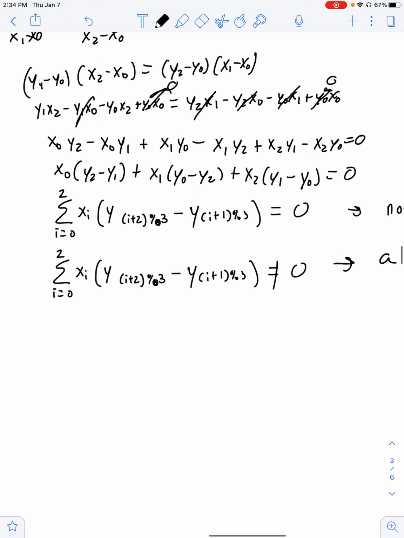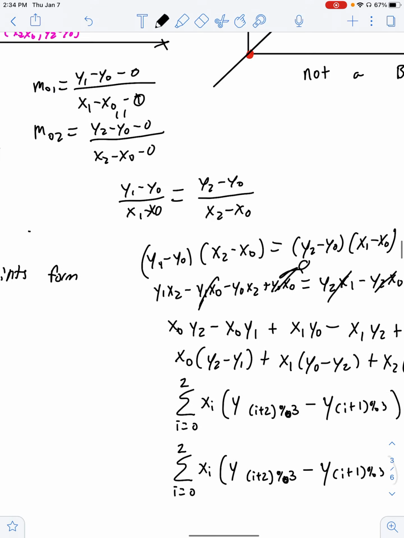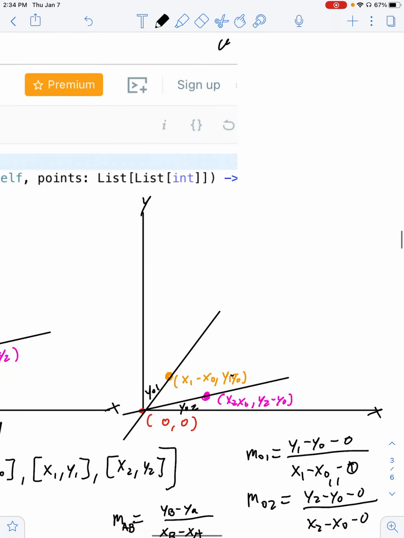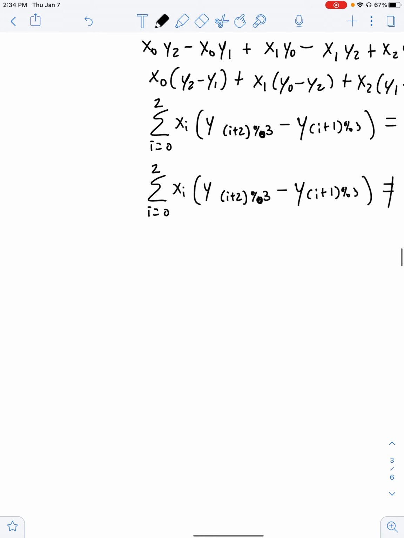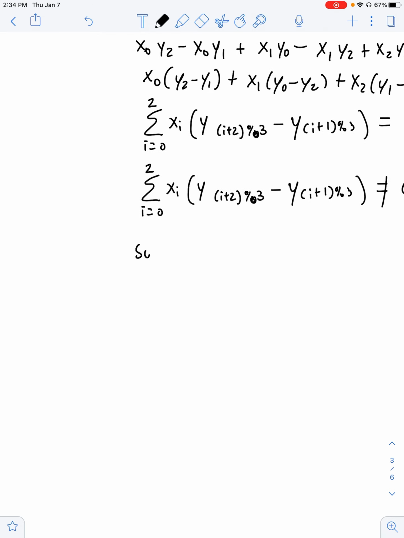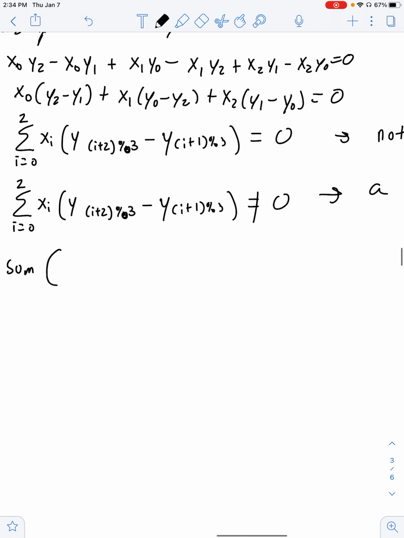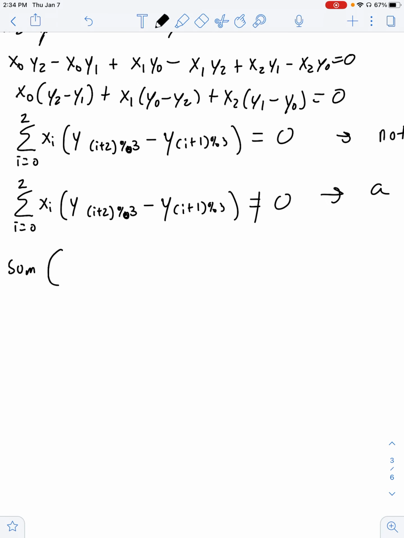All right, so if we wanted to convert this statement into code for our solution, we're going to want to take the sum of something with i, so we might need more space, for i in range 3, because we're going from 0 to 2, so this is excluding 3, so this will sum through the values i, 0, 1, and 2.